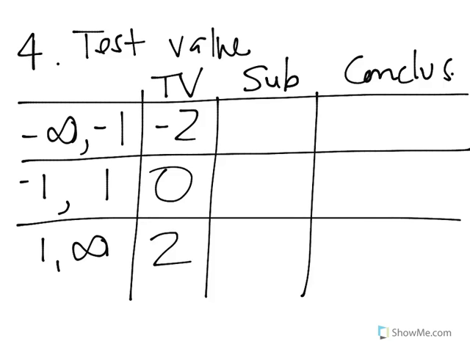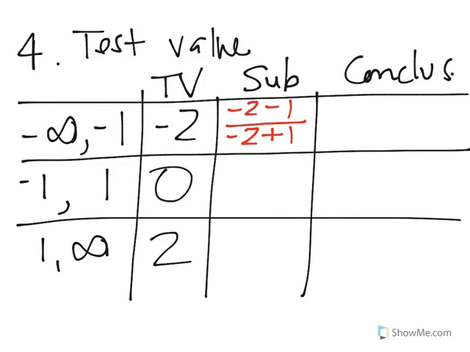Now, if we substitute negative 2 into the expression that we had, it would be negative 2 minus 1 all over negative 2 plus 1. What would that give us? That will give us a 3, right?